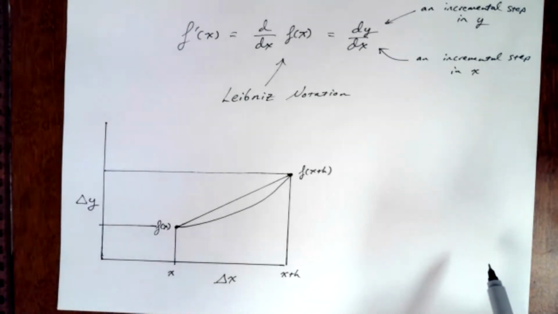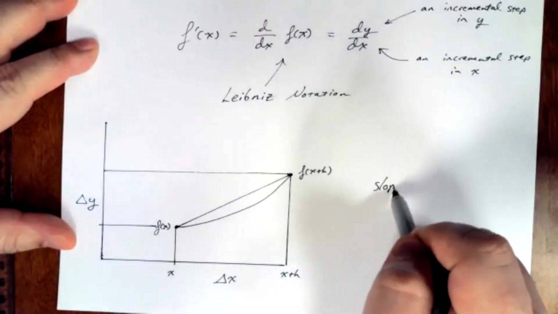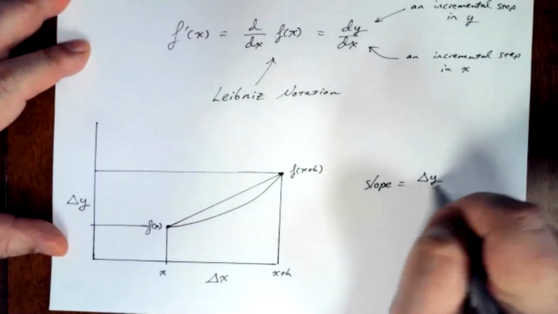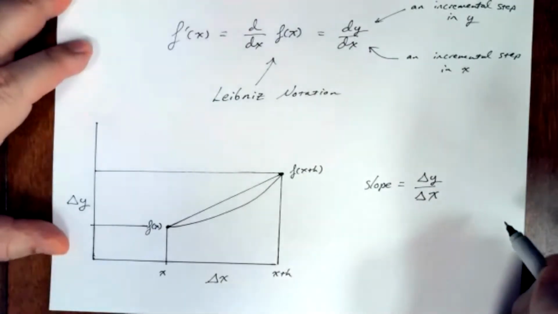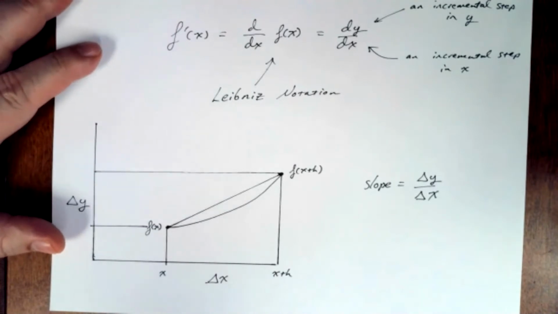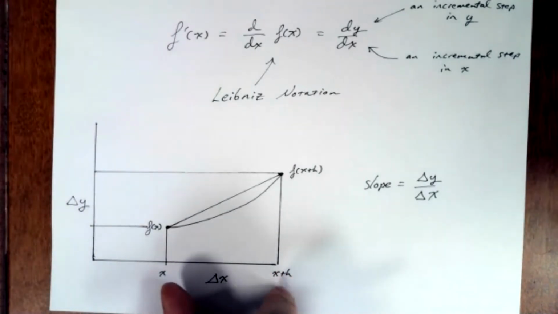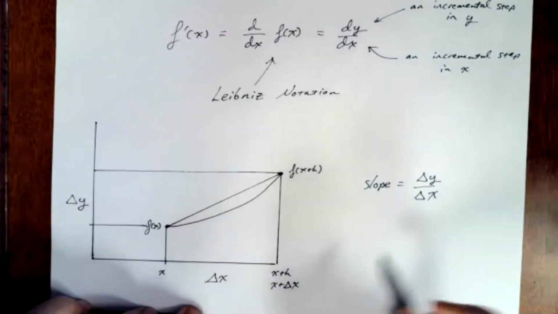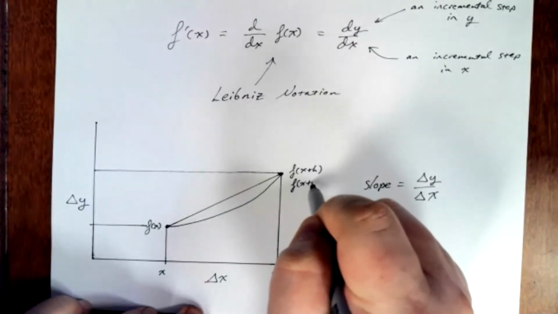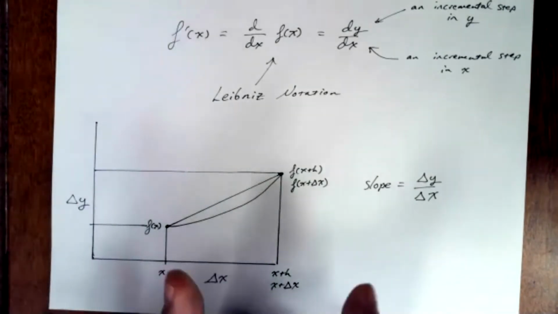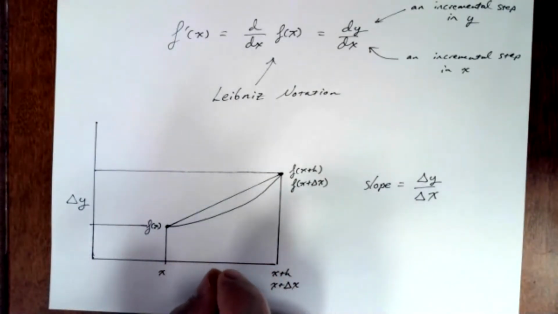Now, if you go back to the idea of a slope, the slope is defined as the change in y divided by the change in x. That is what slope is. But what we're doing is we're making this delta x, this h, which is the same thing as saying x plus delta x, or f of x plus delta x, same thing, infinitesimally small.